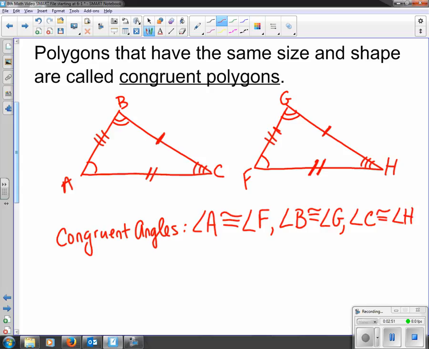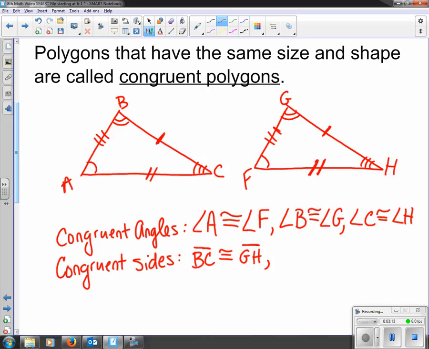And then congruent sides. My congruent sides are line segment BC is congruent with line segment GH.